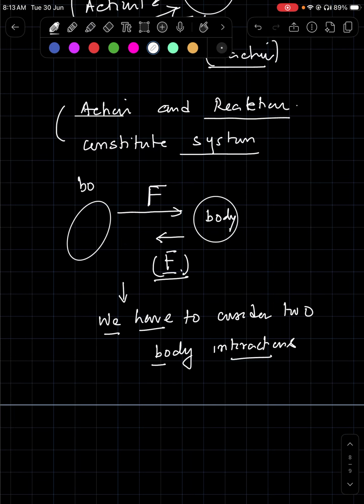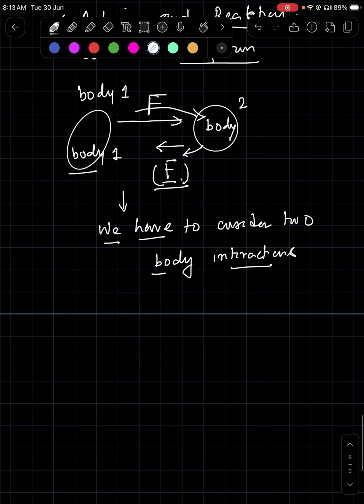The reaction force. That means we have to consider two bodies at once. The body number one, which is giving the force on the body number two, and body number two is giving the response force, that is the reaction force, to body number one. So you have to bring the two bodies into the picture to consider the action reaction forces, because the action and reaction forces act on different bodies.